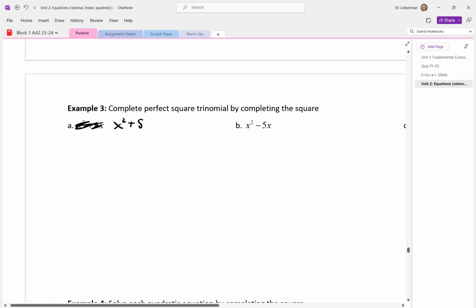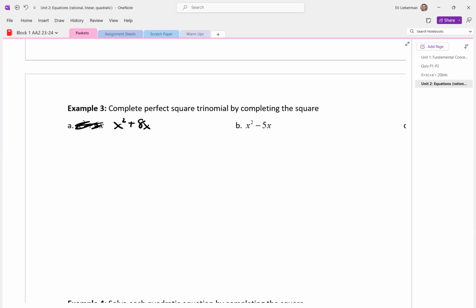If we have x squared plus 8x, check in with your neighbor to see what you add to that to complete the square. Are we good with that 16? You take the 8, cut it in half, divide by 2, and then square it.